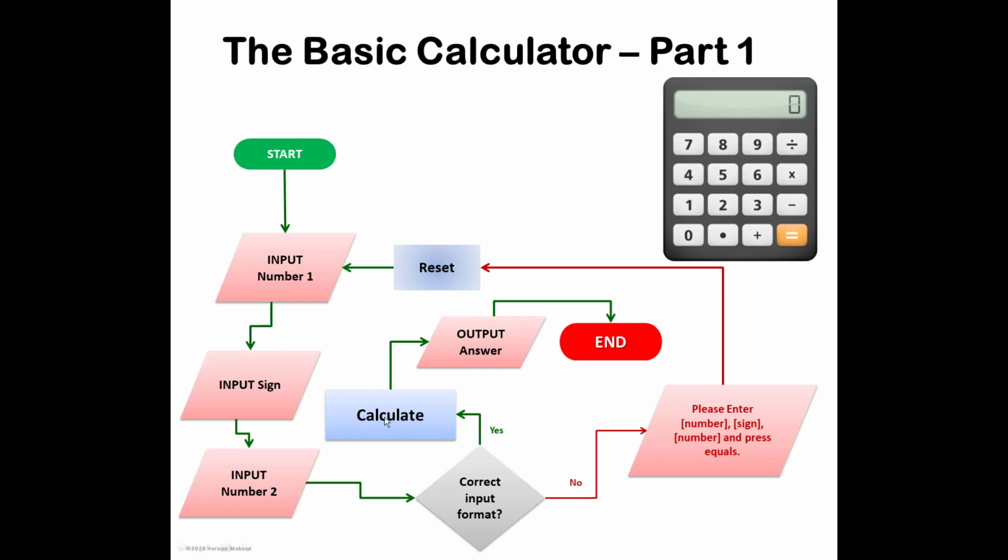Now we'll look at that later on. And if not, please enter a number, a sign, a number, and then press equals or press enter. So that's when it shows you an error message. Then it moves on to reset your calculator. It erases everything on the screen, and then it asks you to input a number. However, if you entered the numbers in the right format and the sign, it's going to calculate it and then output your answer and terminate.